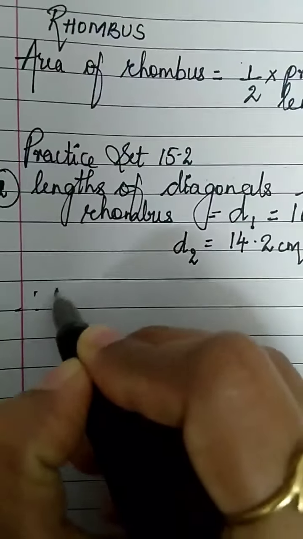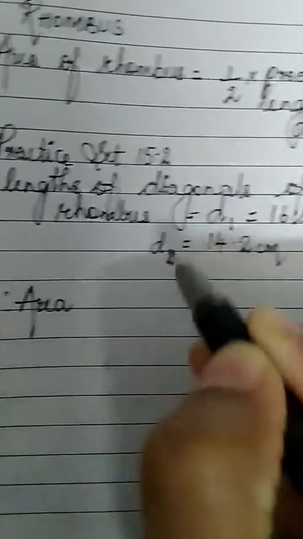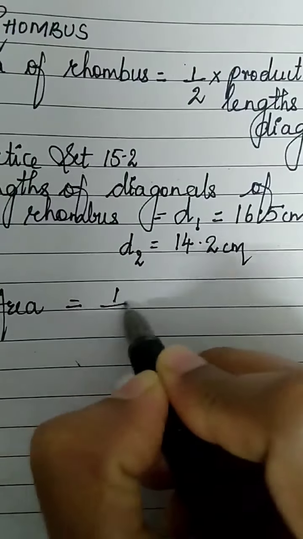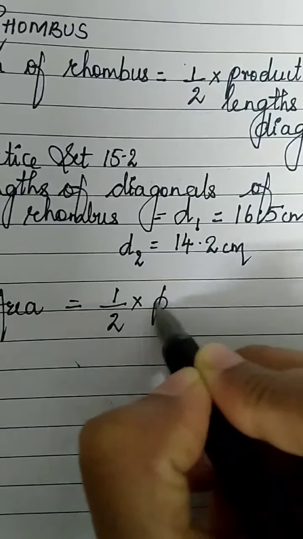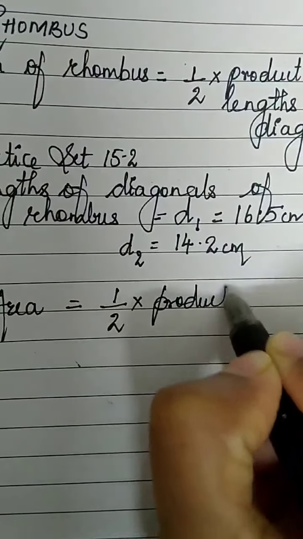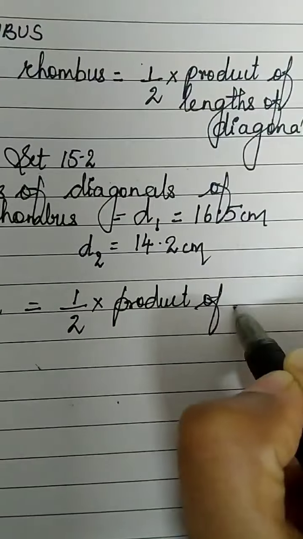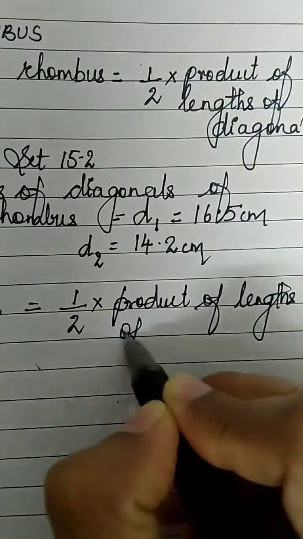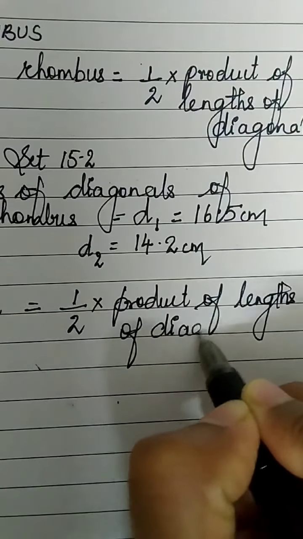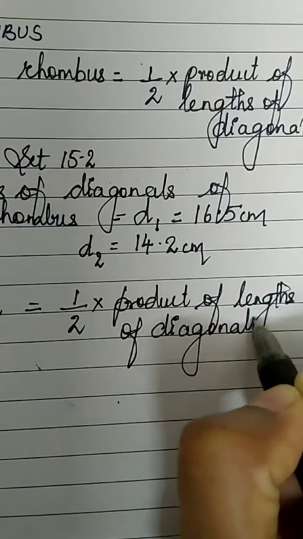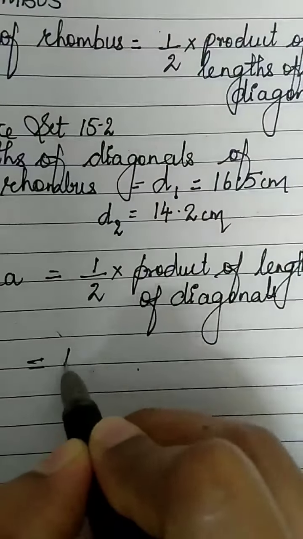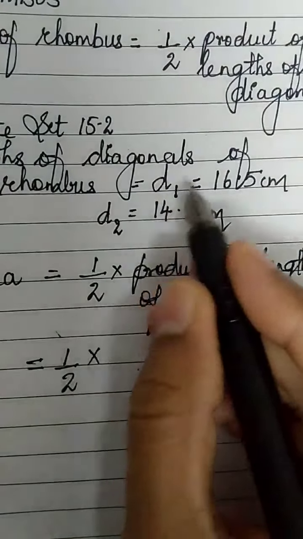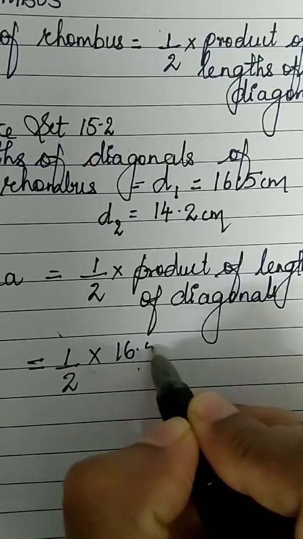Question is find the area. So write down the formula. Therefore area is equal to half into product of lengths of diagonals.